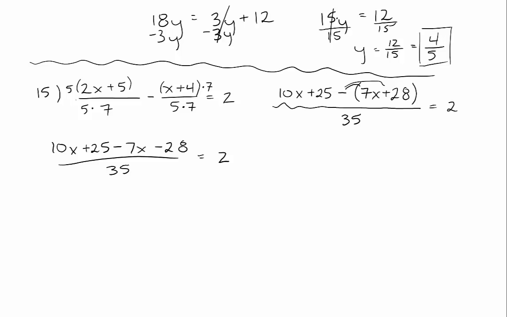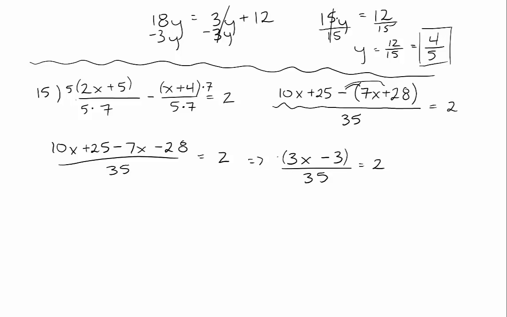And so now I have the numerator, and my new numerator, once I combine like terms here, is, I have 10x minus 7x, so I have 3x. And then I have 25 minus 28, so that's a minus 3, over 35 is equal to 2. And now we can move on with our solving for x.